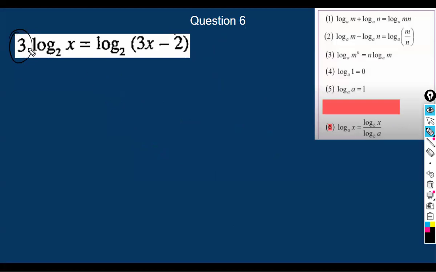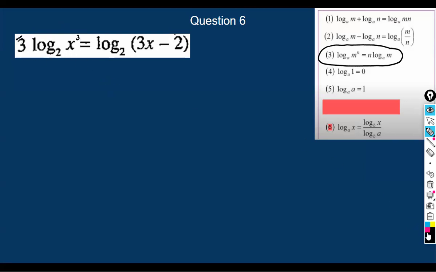You would see that in this question there's this annoying tree, so we have to get rid of that tree using rule, ironically, number 3. Rule number 3 from last week said that if you have something in front and it's hindering progress, you could throw it over here and it will become a power.